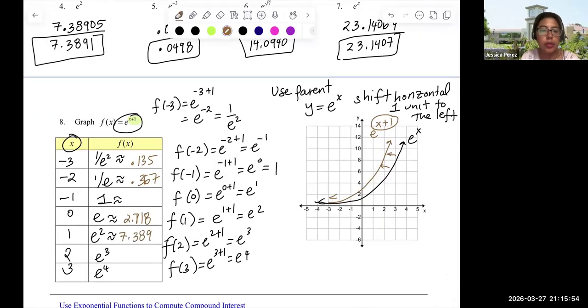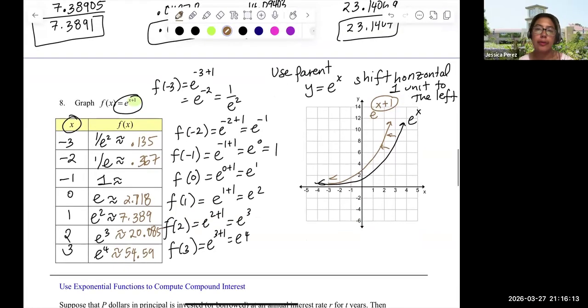And then e cubed is roughly 20.085. And then e to the fourth is going to be roughly 54.59. So right now, this is a really rough sketch here, but with the values, we identify the parent function, and then we can see that it shifts horizontally to the left 1 unit.